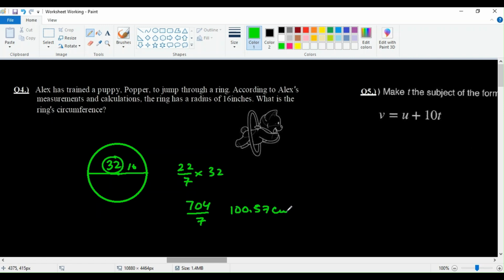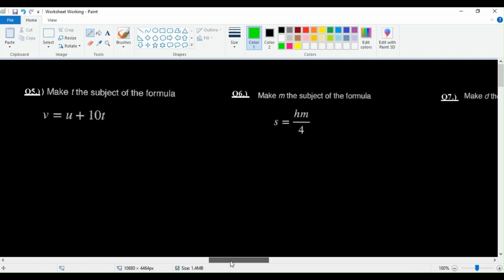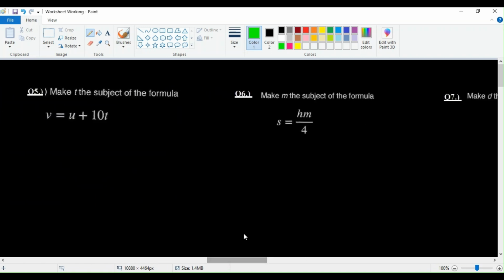The unit is going to be inches, in fact, because in the question it is inches, so your answer should also be in inches. That means the distance from here to here, it goes all the way around the whole circle. It gives you 100.57 inches.